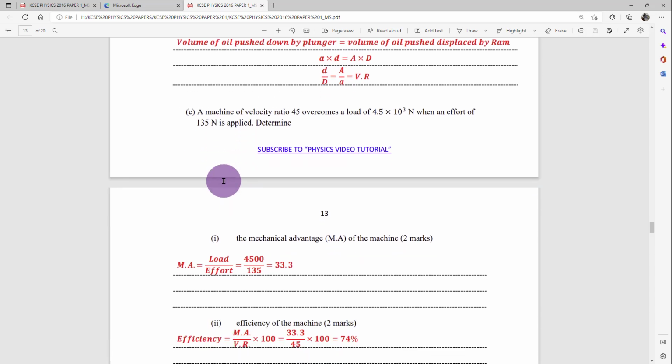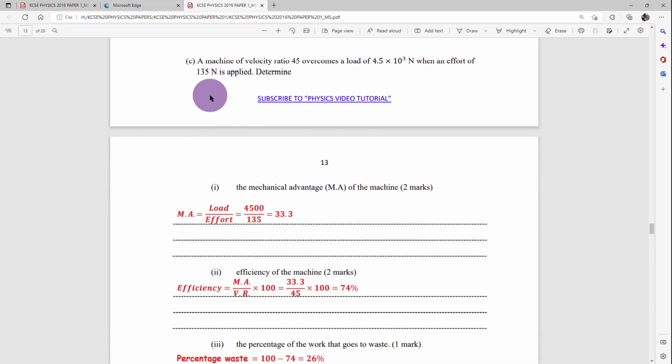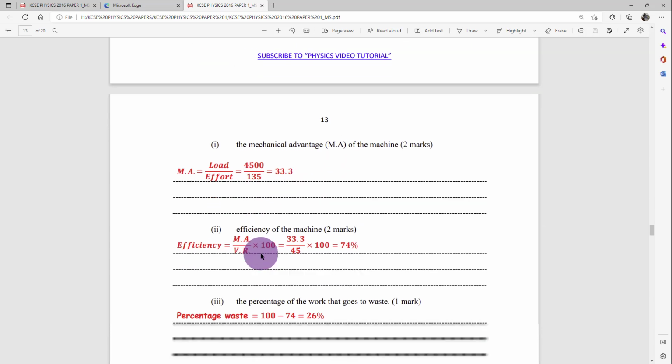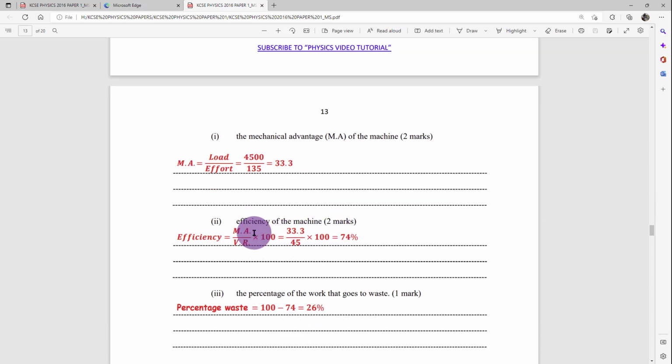Part C of the same question is another calculation. A machine of velocity ratio 45 overcomes a load of this much when an effort of this much is given. We are asked to calculate the mechanical advantage, which is load over effort, which is this value over this value. The efficiency of the machine is mechanical advantage over velocity ratio.